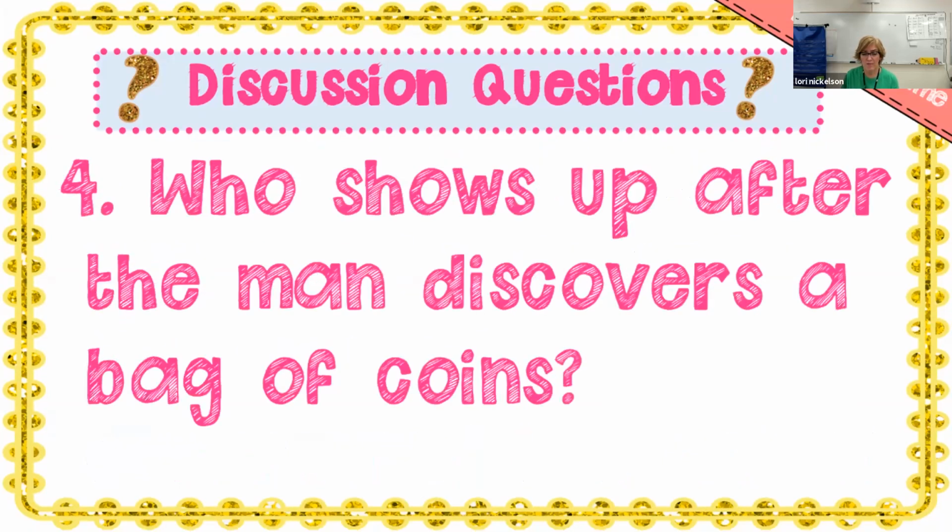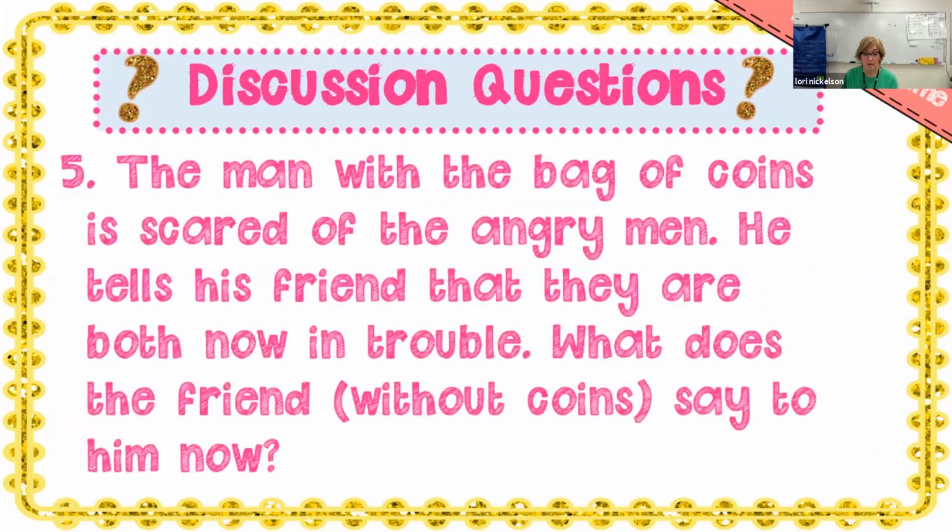Who shows up after the man discovers a bag of coins? Well, his friend shows up after he discovers, but who shows up after that friend shows up? It was a mob of men, wasn't it? They were looking for their money. The man with the bag of coins is scared of the angry men. He tells his friend that they are both now in trouble. What does the friend without coins say to him now?